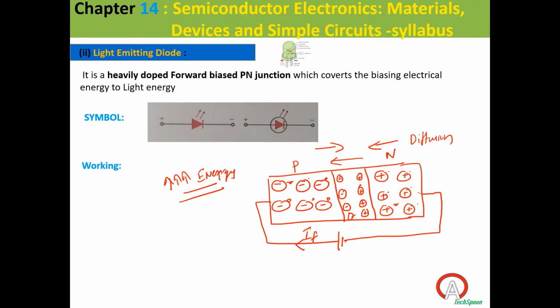A free electron is attaining a certain amount of energy from this battery, right? Due to that energy only, these free electrons from the N region move towards the P region. Since it recombines with a hole, it will lose some energy, and that energy will radiate out in the form of an EM wave.